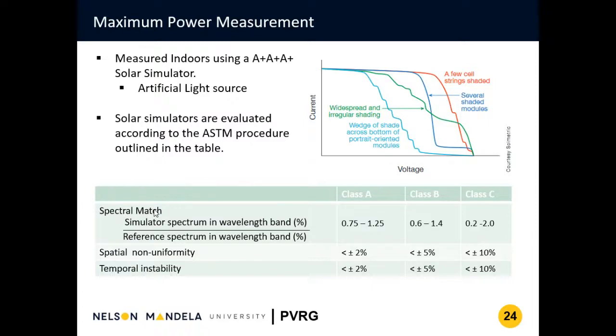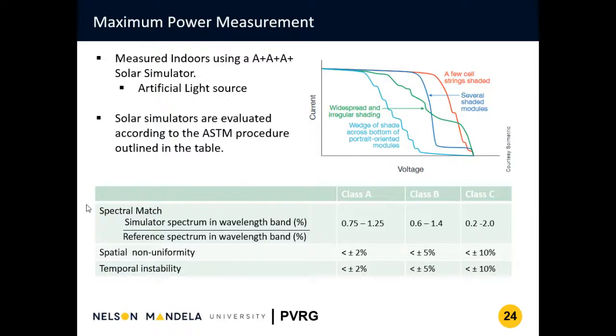This standard, I think, has been updated more recently, but you would be judging a solar simulator. Obviously it has an artificial light source, and you would assess it based on how well this artificial light source meets the reference spectrum. So you would want it to have a similar solar spectrum to the outdoor solar spectrum.